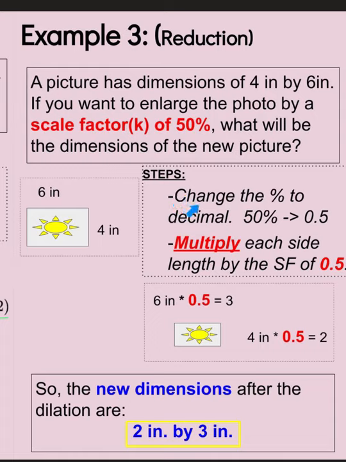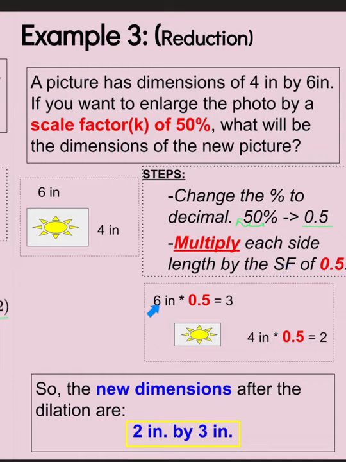So the steps first say to change the percent to a decimal. Now, if you forgot how to change a percent to a decimal, you can either do 50 divided by 100, or you just move your decimal 2 places to the left, and it gets you 0.5. Then from there, you're going to multiply each side length by the scale factor of 0.5.